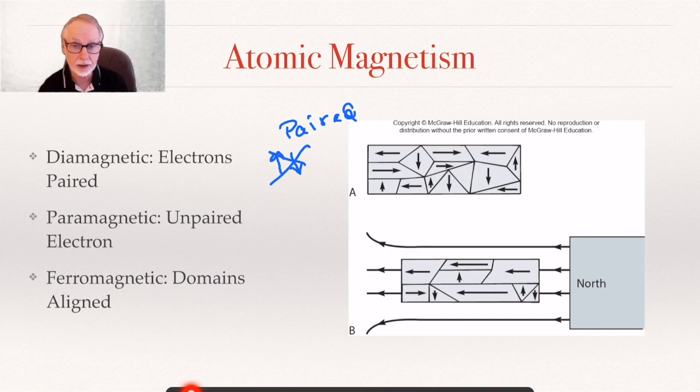If we do have unpaired electrons, for example, if I have a situation where I've got two electrons with magnetic moments in the same direction, then I'll get a net magnetic moment, and that's said to be paramagnetic.